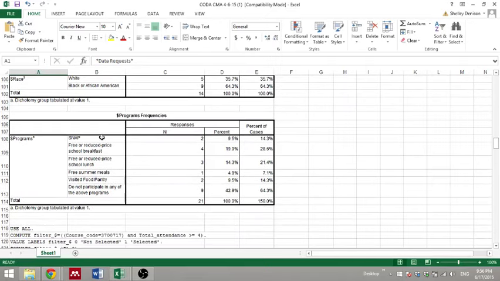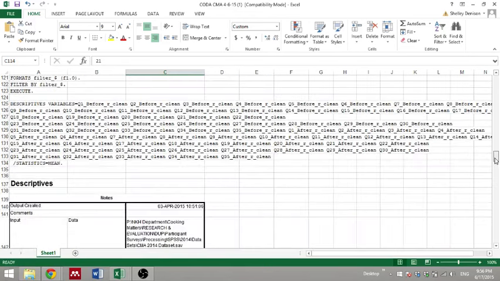And it's the same thing with this, since people can participate in more than one program. So in this case, this does add up to more than 14, but that's because people selected more than one of these answers. And again, that's going to make more sense when we go into putting it in.